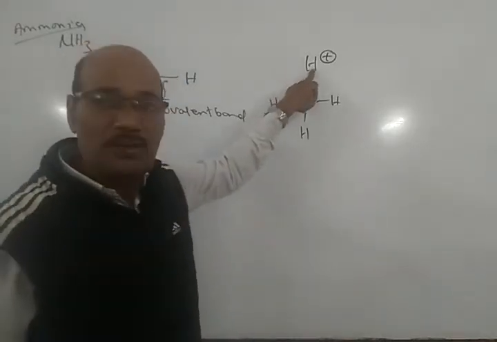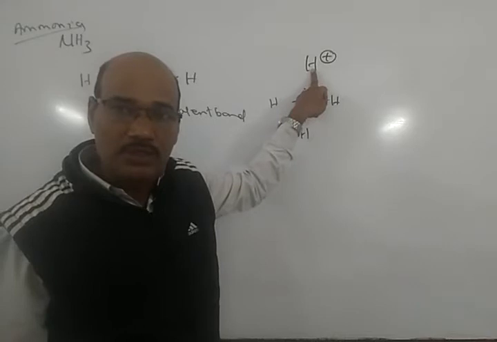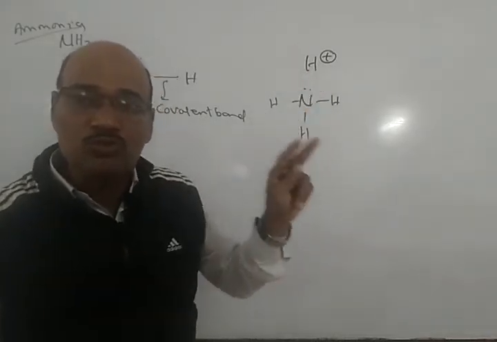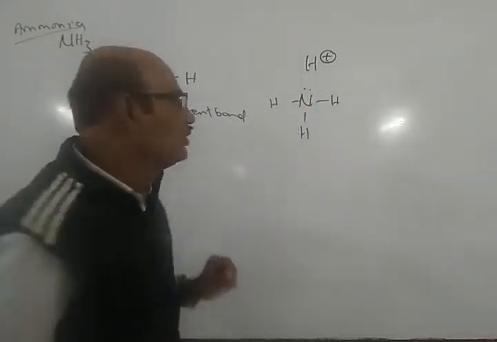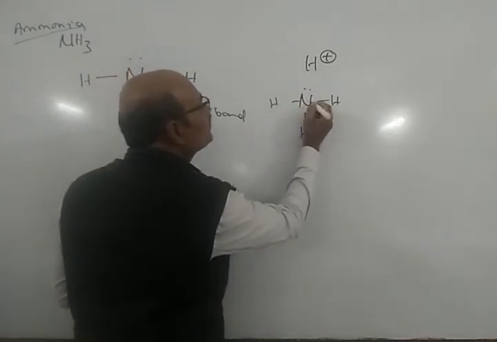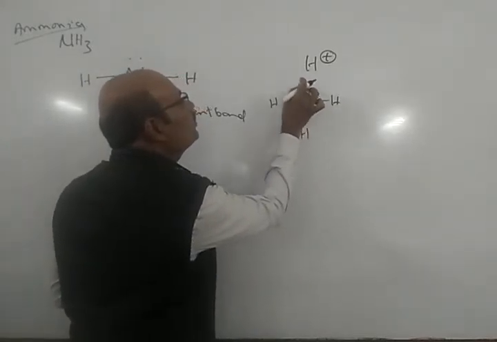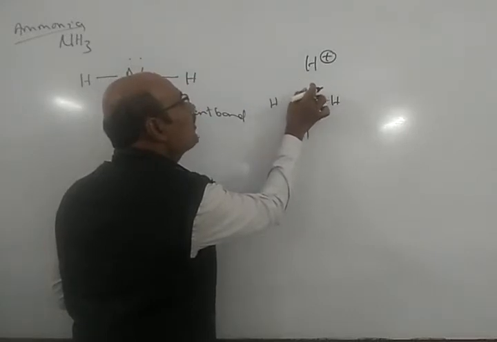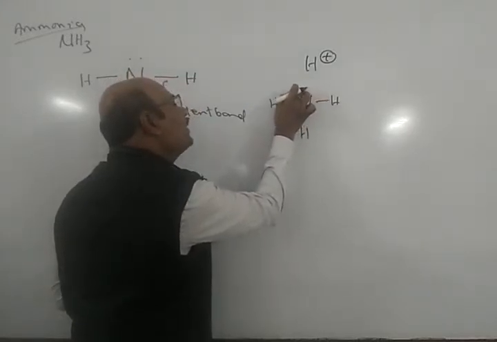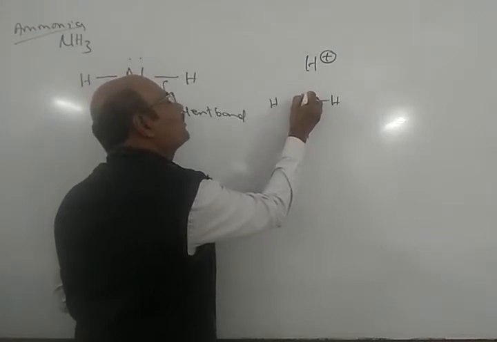It requires 2 electrons to have the duplet. And here you see the nitrogen atom has 2, 4, 6, another pair of electrons present here. So, this entire pair of electrons can be donated to this hydrogen ion.